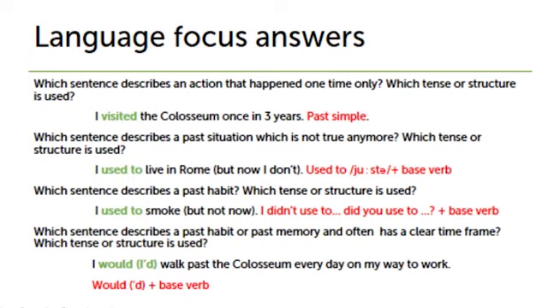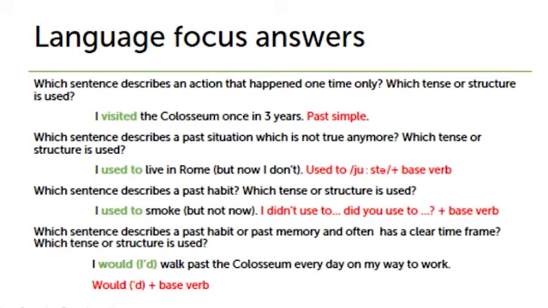And finally, for a past habit, often a past memory that has a clear time frame, we use would. Now, this is a very singular, very unique use of would in this sense.